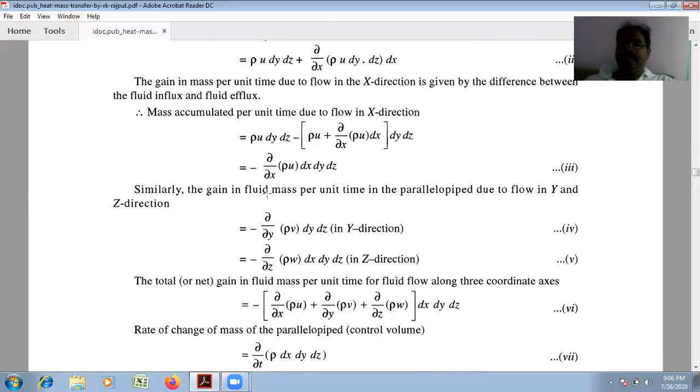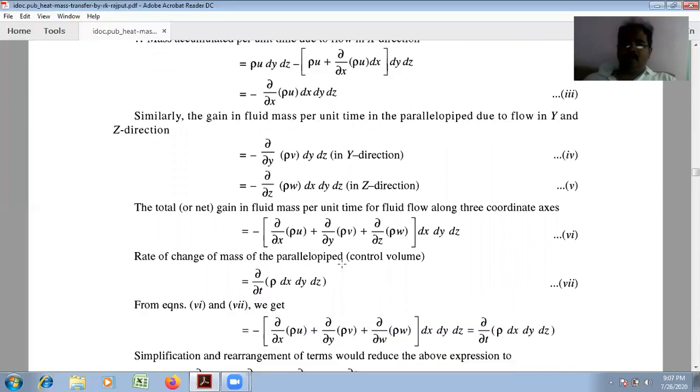Similarly, the gain in fluid mass per unit time in the parallelepiped due to flow in y direction and z direction is equal to minus del upon del y of rho v dx dy dz and minus del upon del z of rho w dx dy dz.